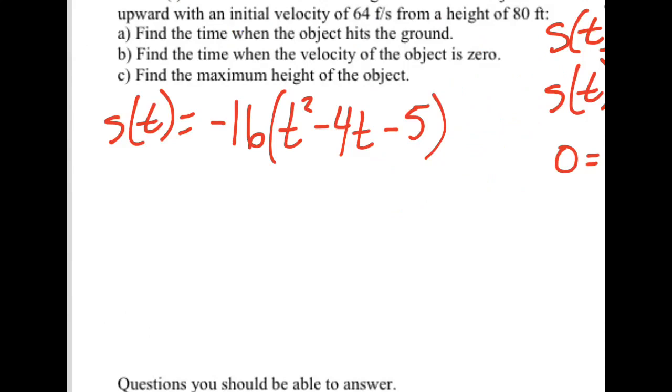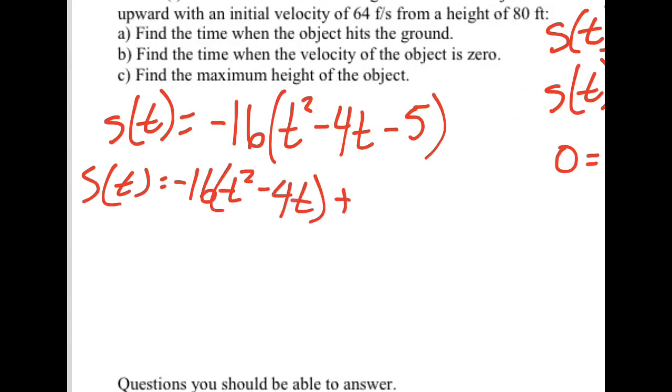The way I complete the square, again, is I go like this. I'm leaving that there. And I'm going to keep that negative 16 factored out of my first two terms. But I'm going to leave the plus 80 as it was because that's not going to go into the square necessarily. So now I say, well, I need to take half of my negative 4 right there to complete this square.